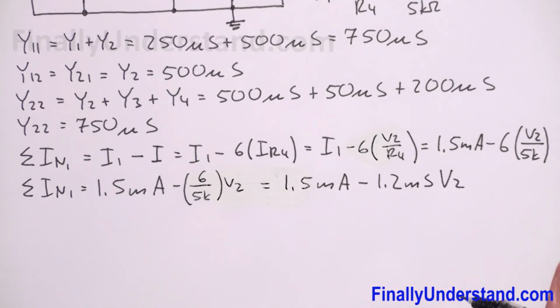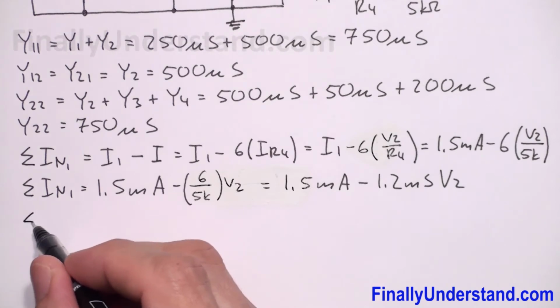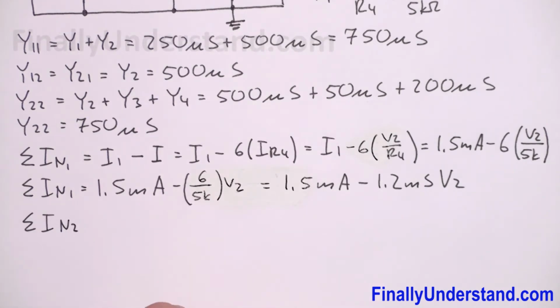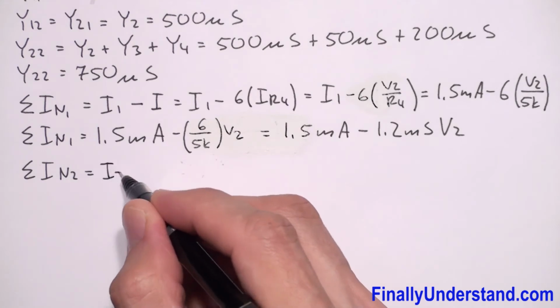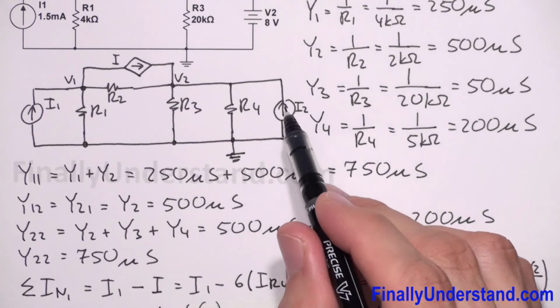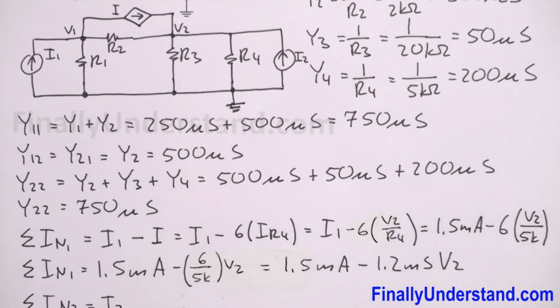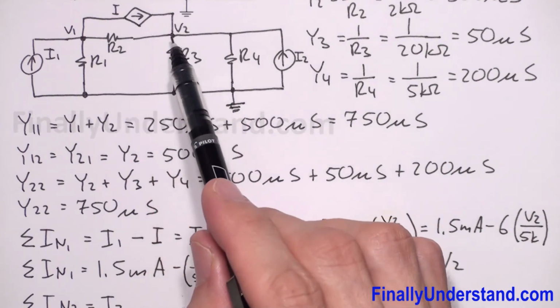Okay, so next I'm supposed to simply write the sum of the currents at node 2. So this is equal to I2. I2 is positive because I2 is going to the node V2, and I have also current I coming to node 2 too.